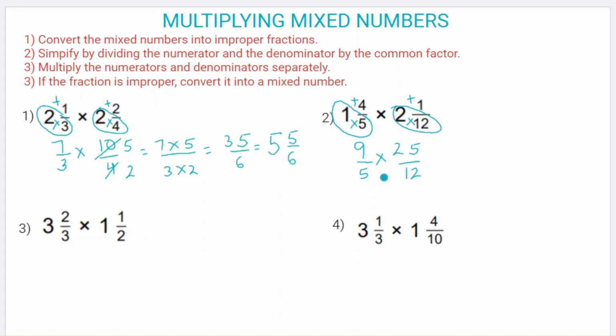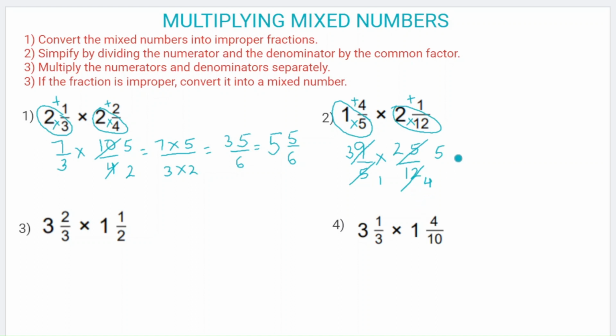So now 25 and 5 have a common factor, which is 5. 5 times 1 is 5. 5 times 5 is 25. Similarly, 9 and 12 have a common factor, 3. 3 times 3 is 9. 3 times 4 is 12.